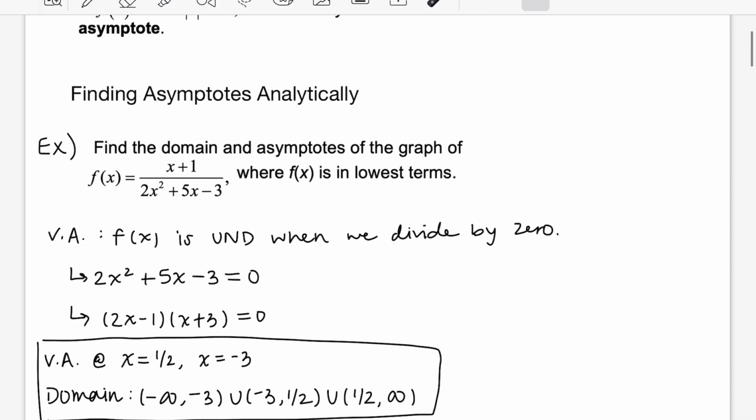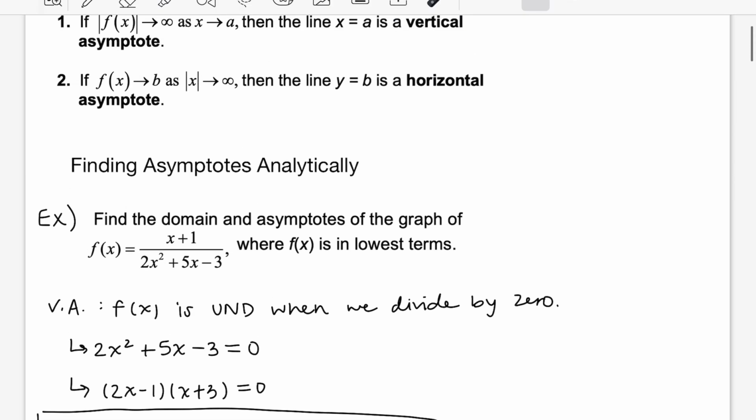So we can look at this for example here. We know we're going to have a vertical asymptote at -3.